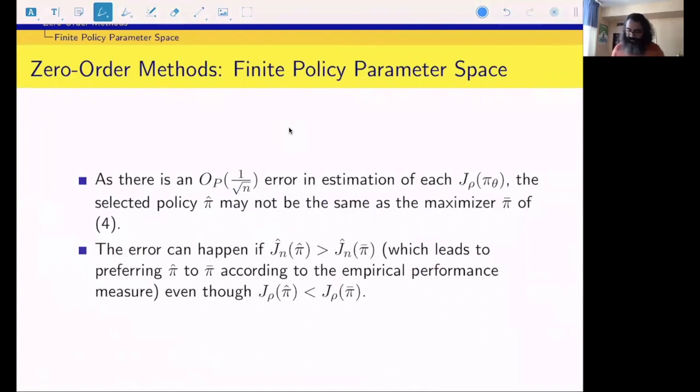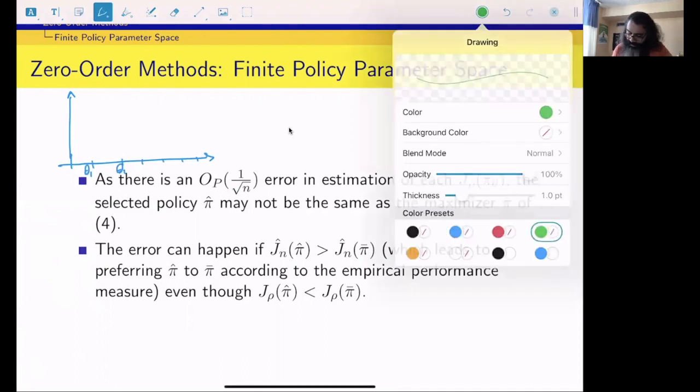Let's see if I can visualize it. Say I have a finite number of policies, pi theta 1 and pi theta 2, and I just compare two of them.